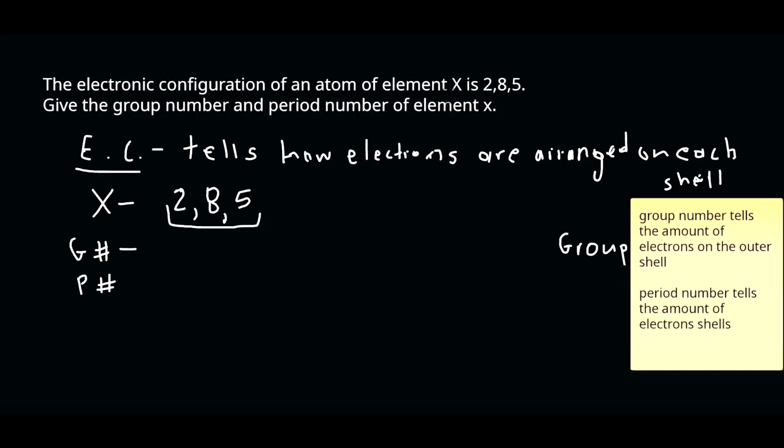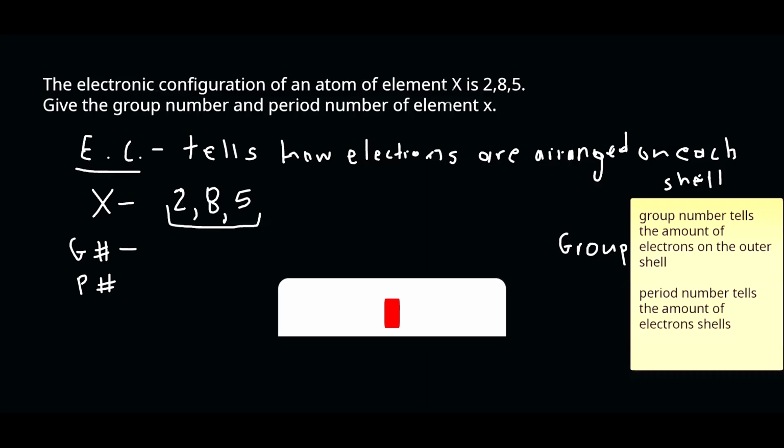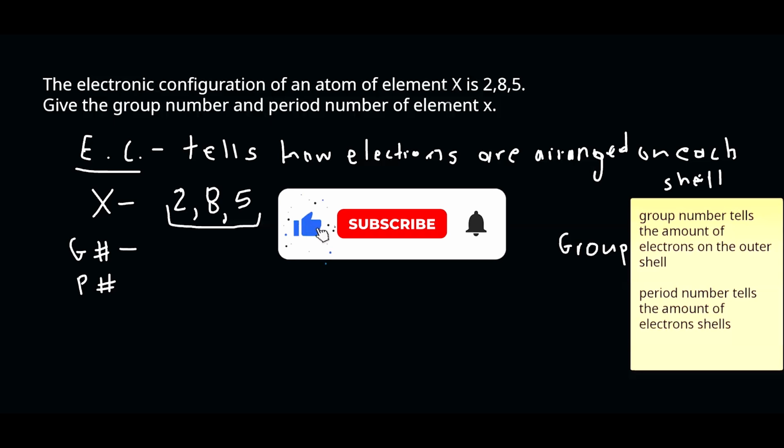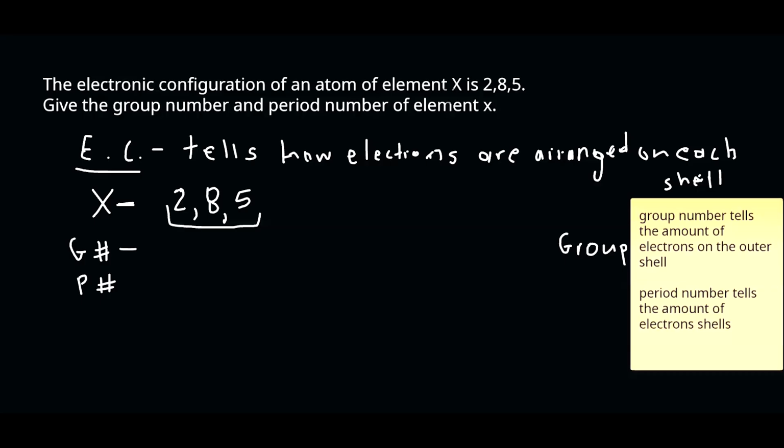How many electrons are there on the outer shell, the valence, of element X? 5, sir. So the group number will be 5.